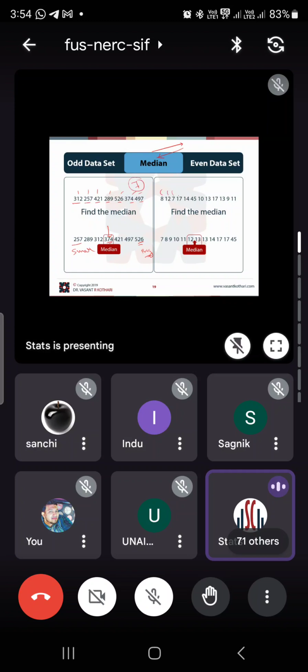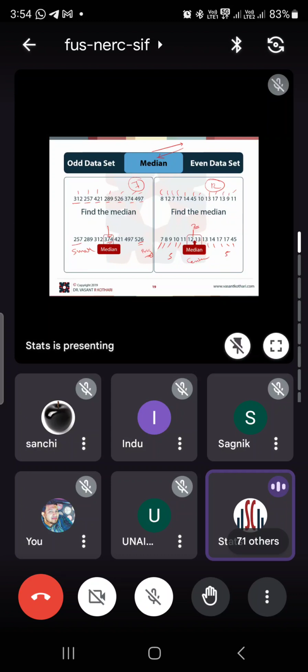Here, if you see, 1, 2, 3, 4, 5, 6, 7, 8, 9, 10, 11, 12. You have 12 numbers. So when you have an even data set, it means you have two data points in the center. If you see, 1, 2, 3, 4, 5 on this side, 1, 2, 3, 4, 5 on this side.